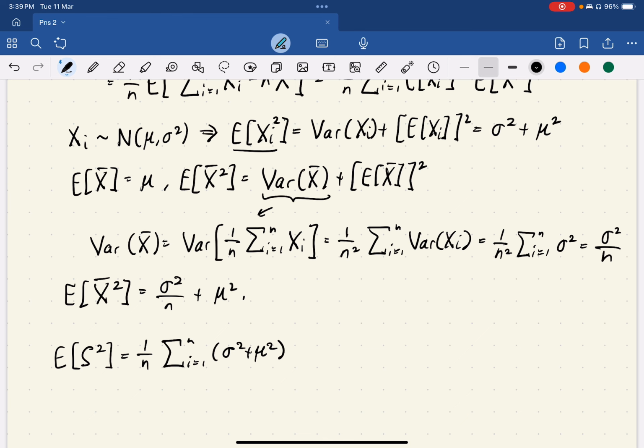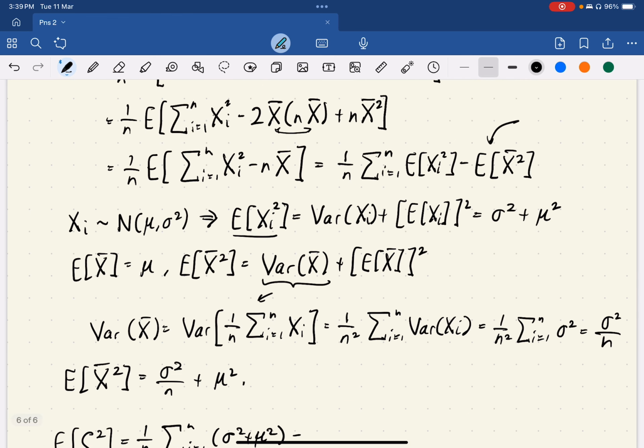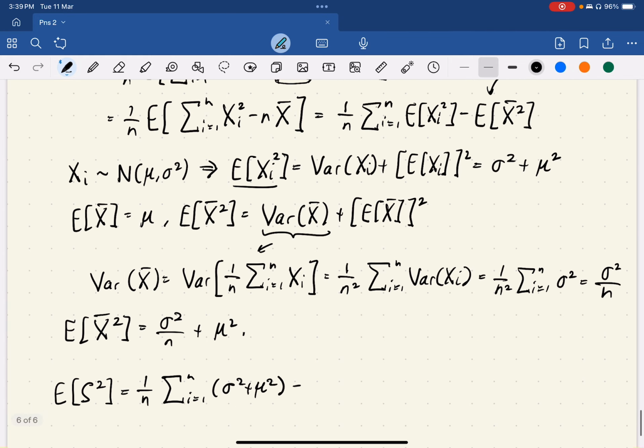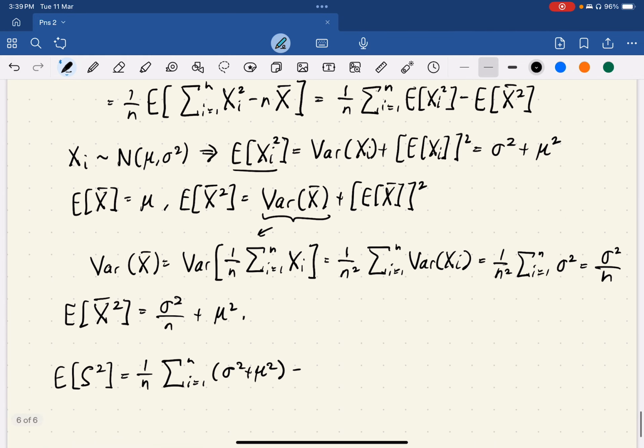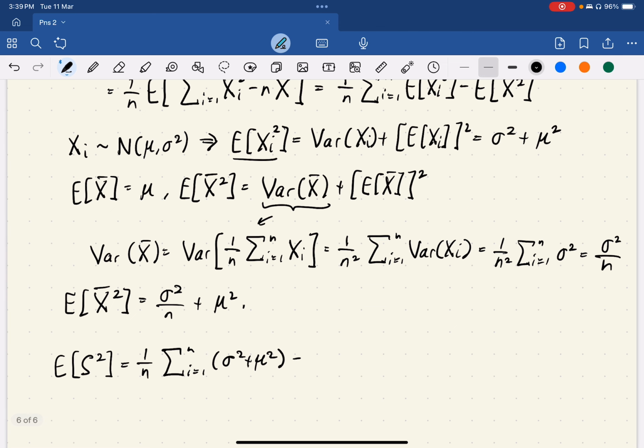Okay, and then we minus the dx bar squared. And this plus this. Also you can say that the sum here cancels out because again this is a constant.